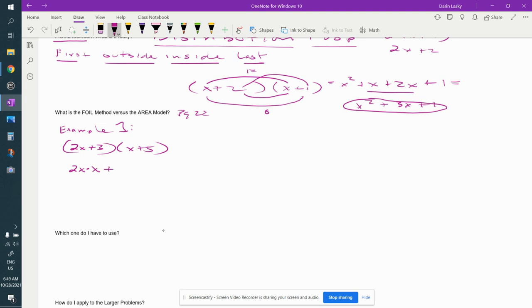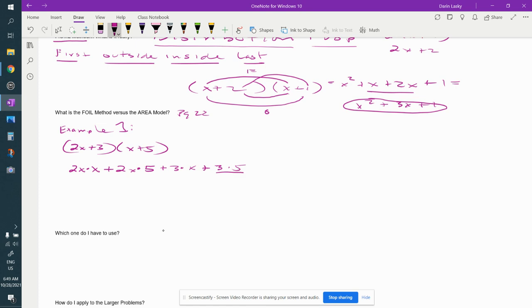And we're going to do plus our outsides, which is going to be 2x times 5. And then we're going to do our inside numbers. So we're going to do plus 3 times x. And then we're going to do our last, which is 3 times 5. So we're going to do plus 3 times 5.